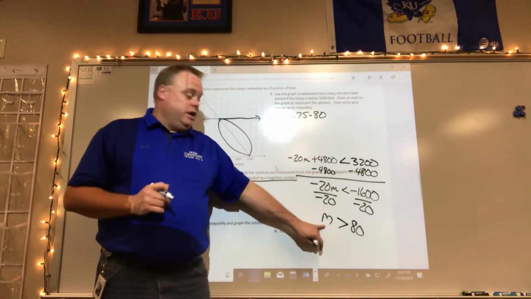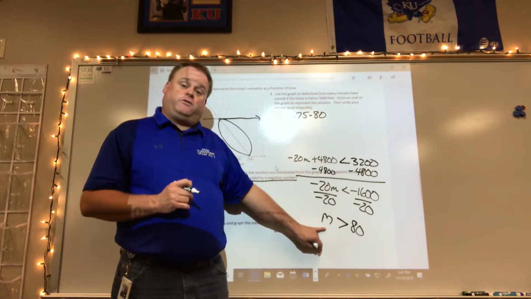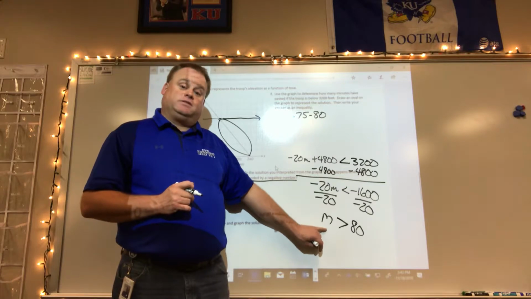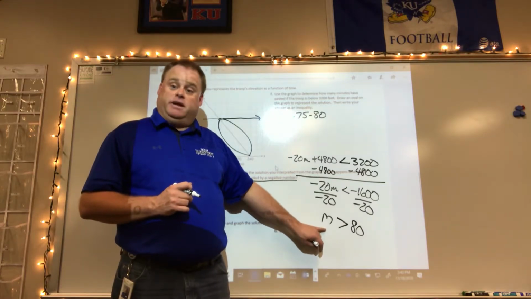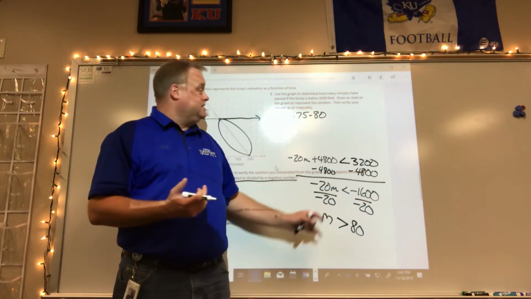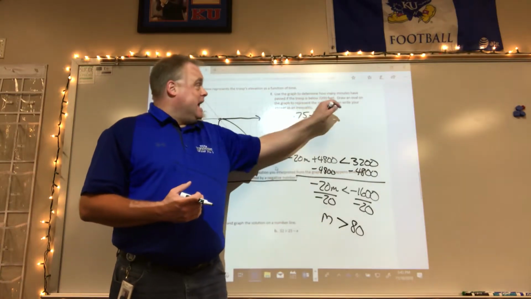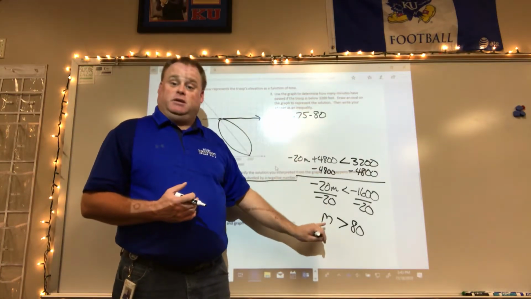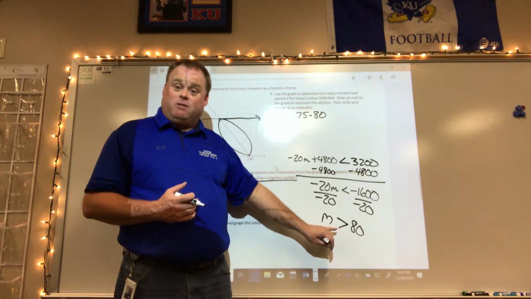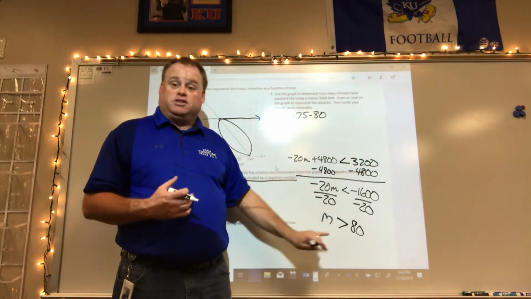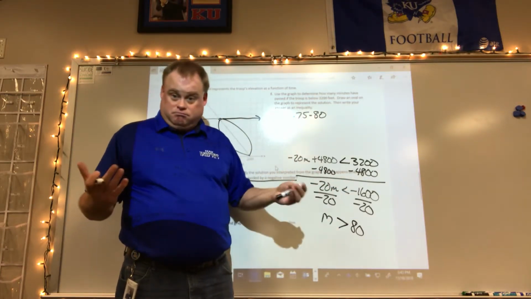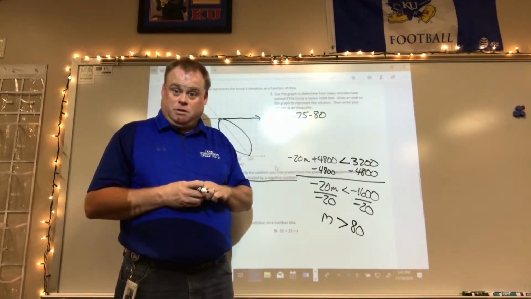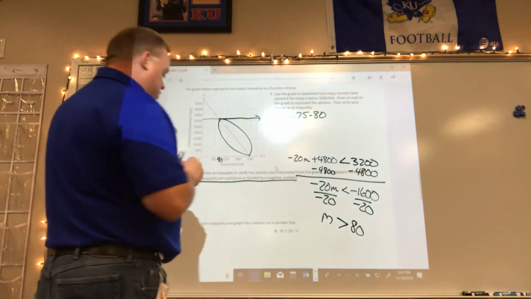So I know in order to be below 3,200 feet that it will take me more than 80 minutes. Okay? And in this case, to be exactly 3,200, it would be greater than or equal to 80, right? But since it's below, I'm just going to be greater than 80. Make sense? All right. Go to the bottom.